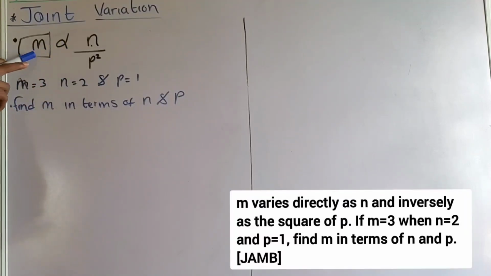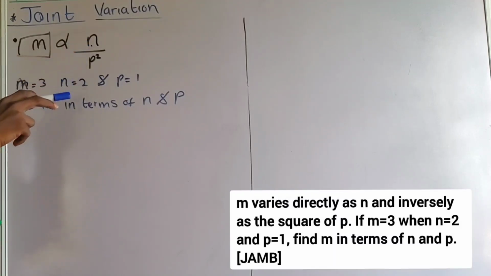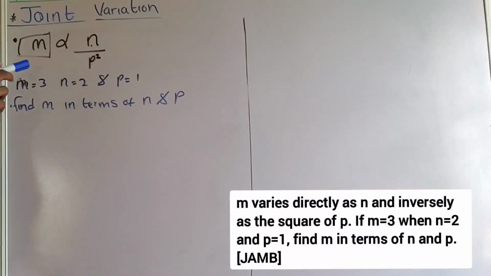You see, this m is not equivalent to n over p squared, but in an attempt to change this variation sign to an equals sign, we have to introduce the proportionality constant, because that will tell us the degree of difference that exists between this single variable and the variables that it depends on, which are n and p. Do you understand?